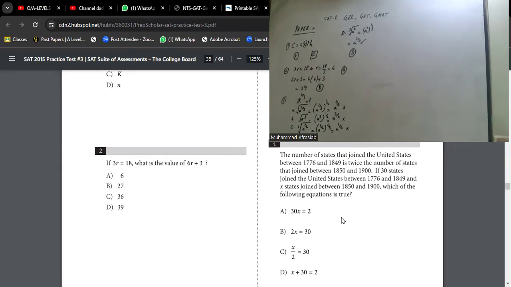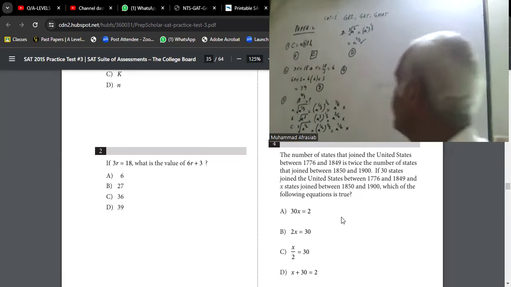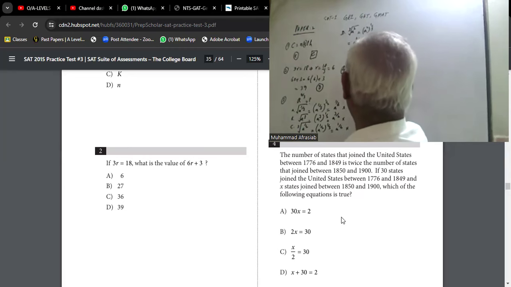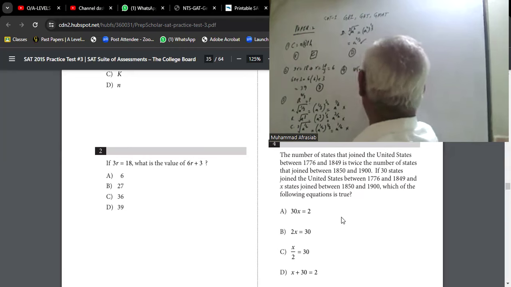from this, the number of states which joined between 1850 and 1900, let's say, is X. So twice of this number will be equal to 2X. And 2X is equal to 30, or X is equal to 15.